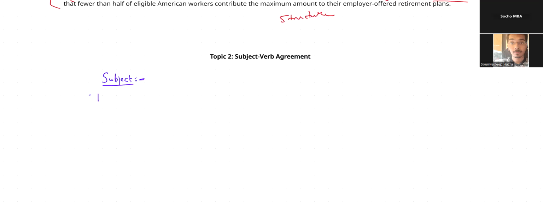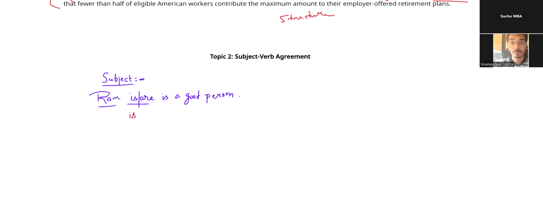Ram, is or are, a good person. Which one would be the right subject verb agreement? Ram is a singular person, right? So is will be the right answer. Getting me?